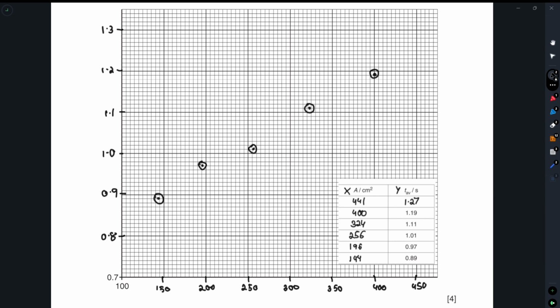And then we've got 441, just go approximately 440 ले लेते हैं, and 1.27. 1.27 and 440 is going to be over here. So you 1.3 at 3 units down. And this right here is where 440 is going to be.